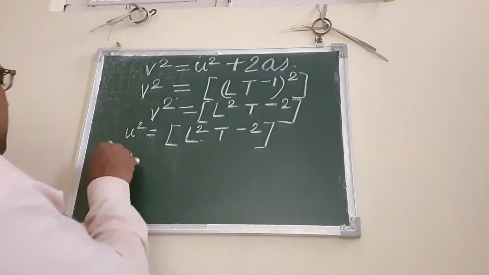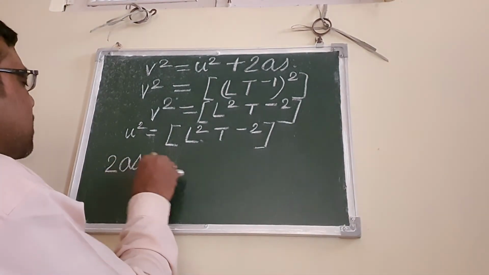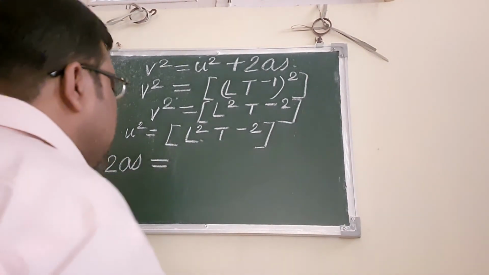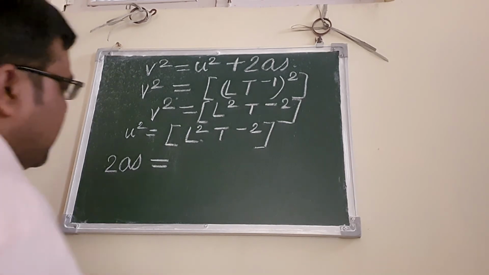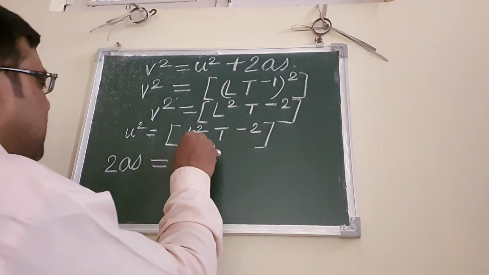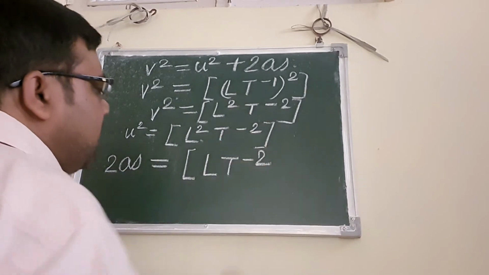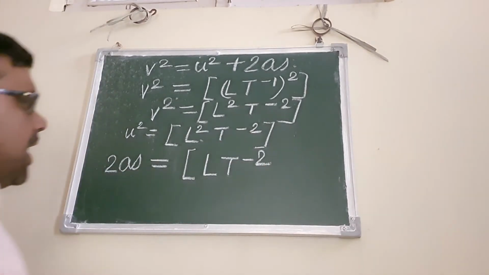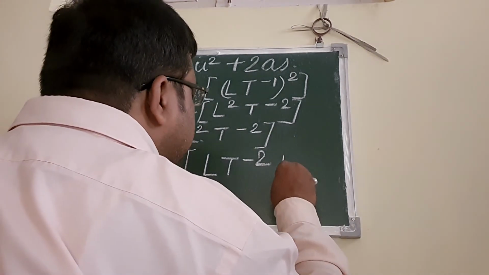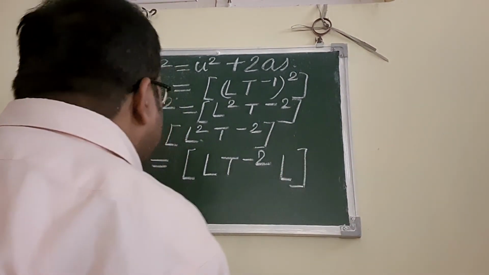Again finding the third term, that is 2as, 2 is a constant, so it is dimensionless, so we are not going to write the dimension for 2. The dimension for acceleration is L t raised to power minus 2 from meter per second square, and the dimension of s is L since it is length.